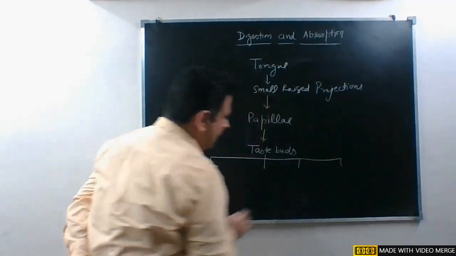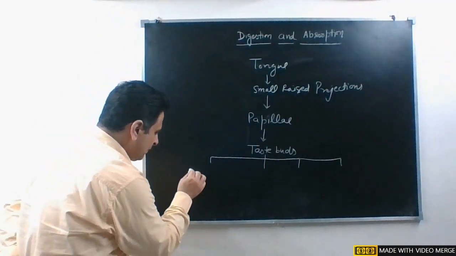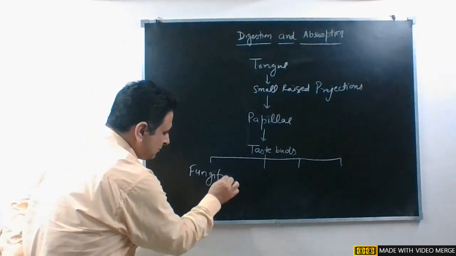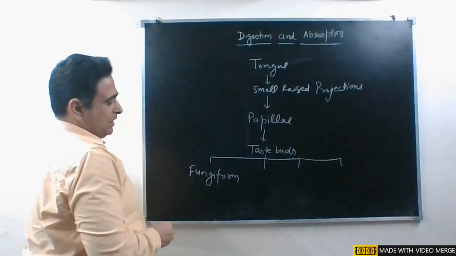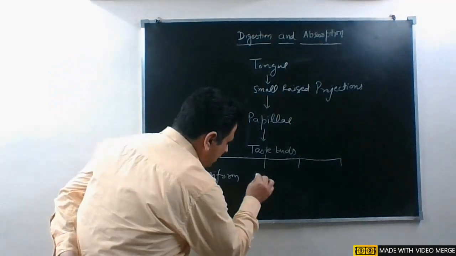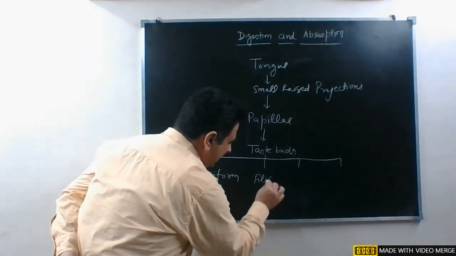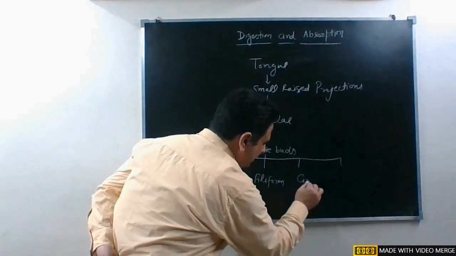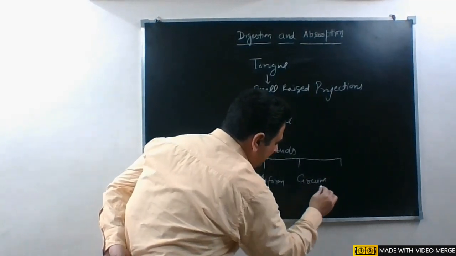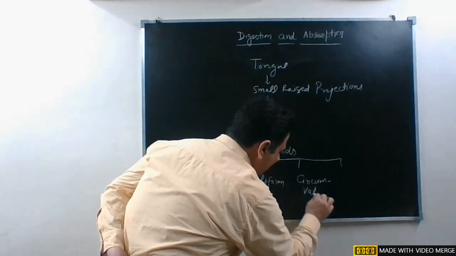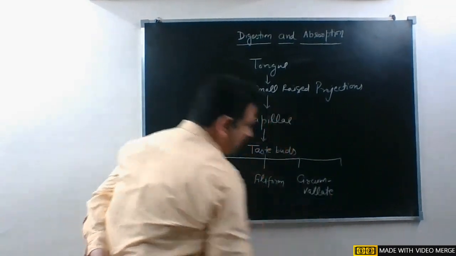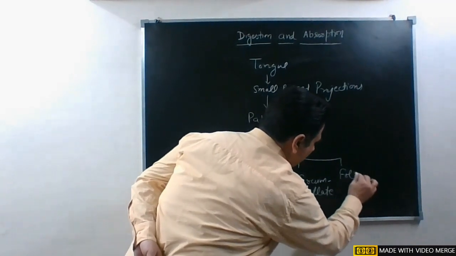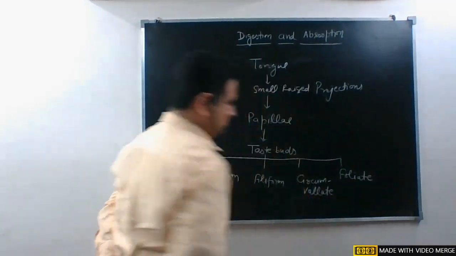The four types are: number one, fungiform papillae; number two, filiform papillae; number three, circumvallate papillae; and last, foliate papillae.